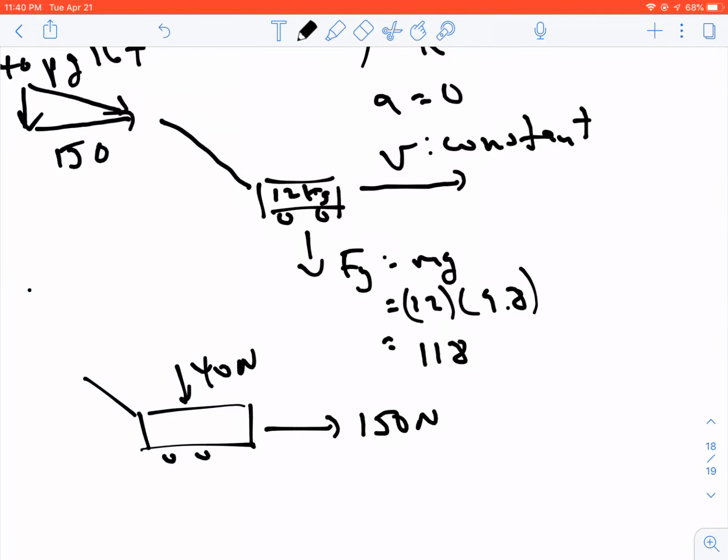It is being pulled down by the planet by 118 newtons, right? So I can calculate the normal force. This was FA, me pushing on the lawnmower. Remember, I'm walking behind it. My arms are pointing down towards the handle, and as I'm pushing the lawnmower, I'm pushing it forward and down at the same time.